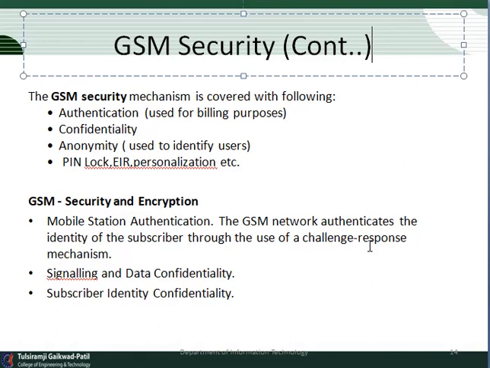Truecaller provides us the true name of the particular user. So subscriber identity confidentiality means we have a platform to check the security of particular confidential data, or define the identity of the particular system, device or user. So this is all about GSM security.